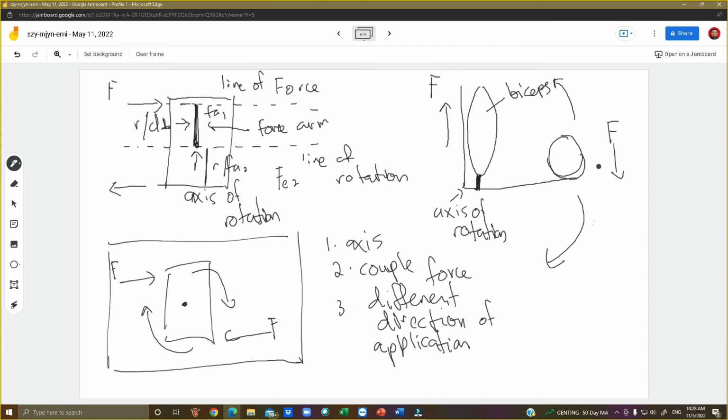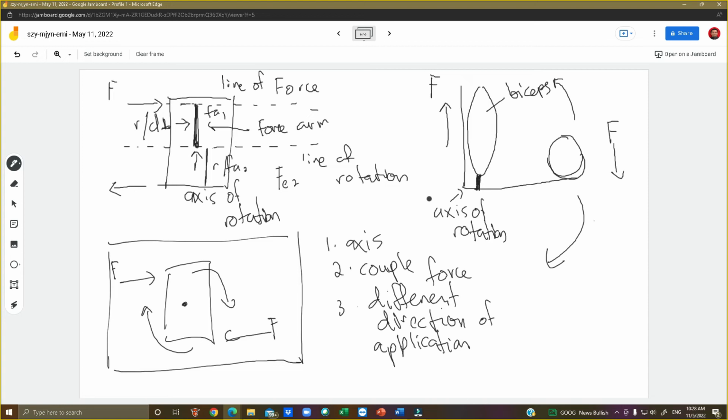Now, do you have all of these 3 in this human body part? Yes, sir. Couple action, couple force, different direction of application, axis of rotation, torque. And that is the reason why most of human movement is actually torque.